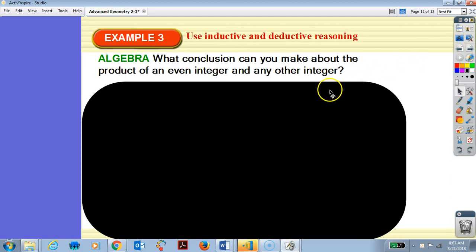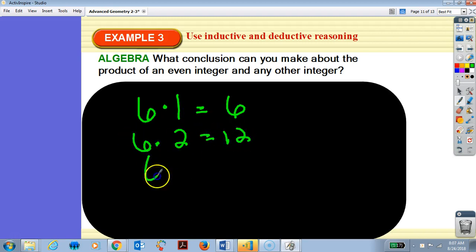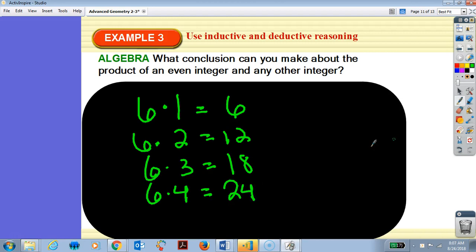What conclusion can you make about the product of an even integer and any other integer? Let's do some examples. An even integer, give me one. 6. The product of 6 and any other integer. So 6 times 1 is 6. 6 times 2 is 12. 6 times 3, 18. 6 times 4. What are we realizing?